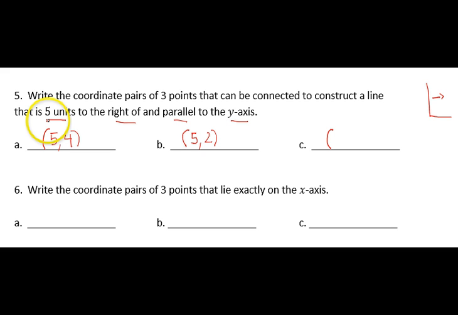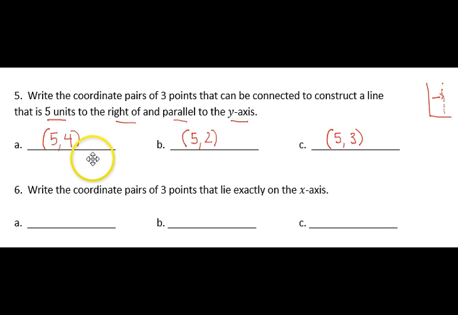And a third ordered pair could be 5, 3. I would travel over 5 units and up 3. If I connected all 3 of those points, it would form a vertical line parallel to the y-axis, and it would be 5 units away from the y-axis.